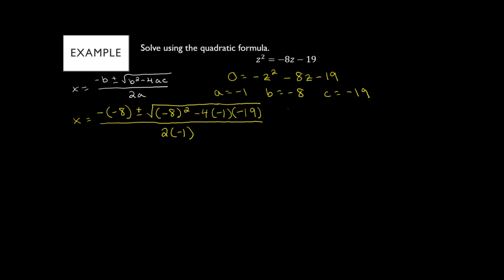And when I'm trying to conserve space with the quadratic formula, what I will tend to do is get kind of messy, and I'll move from left to right and then go under, then move left to right. And that's fine because we're not doing anything on the left side. All we're doing is simplifying the right side. So if you're only simplifying one side, you are allowed to go horizontally.